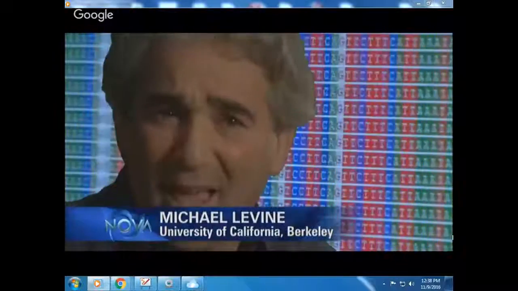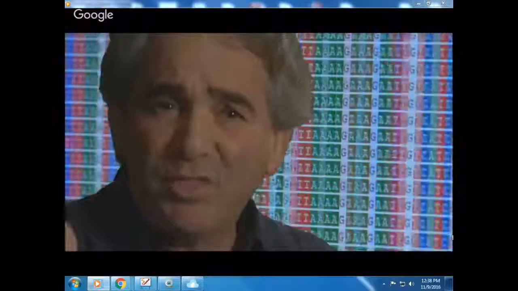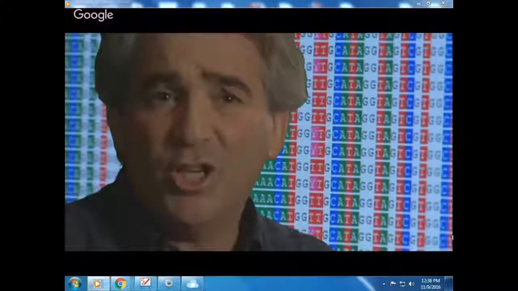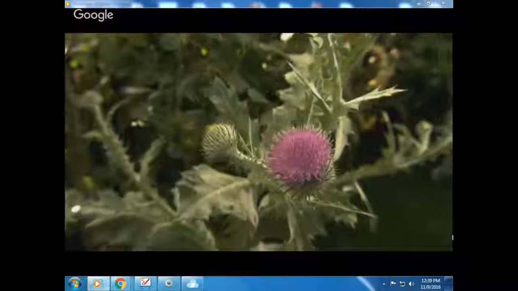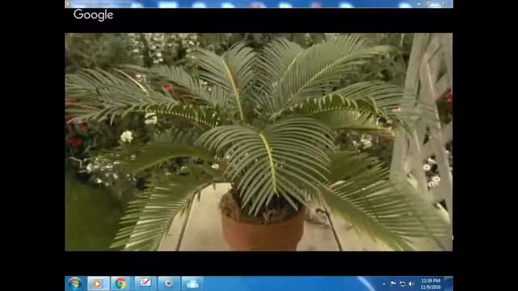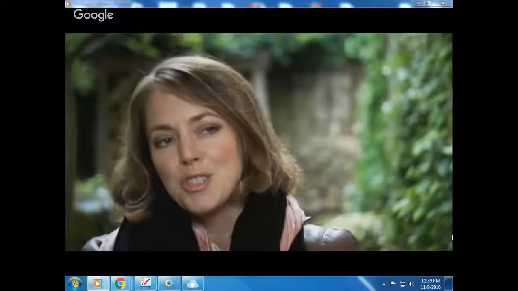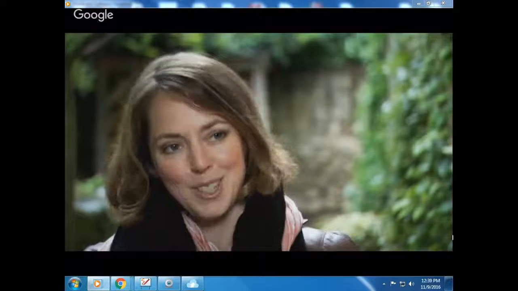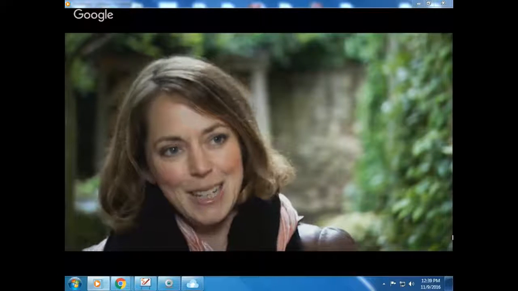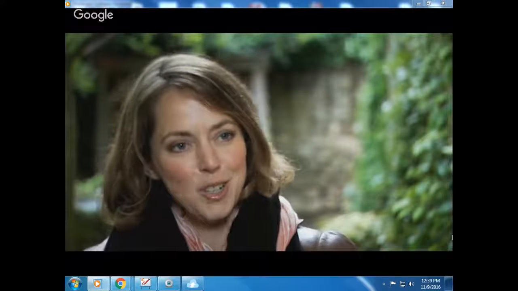It's down to something like 22 or 23,000 protein-coding genes in the human genome. The simple nematode worm has about that same number. And there are plants that have considerably more genes than the glorious human genome. The whole Human Genome Project has been a humbling experience as we've discovered that actually it doesn't take as many genes to make a human as we'd all hoped.